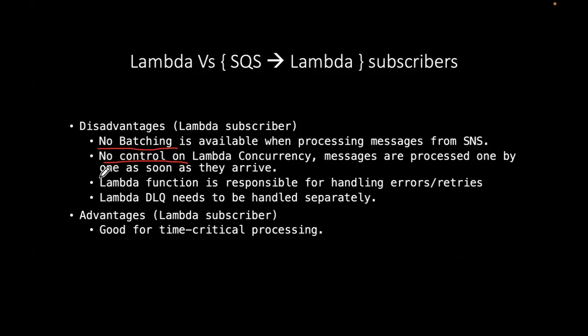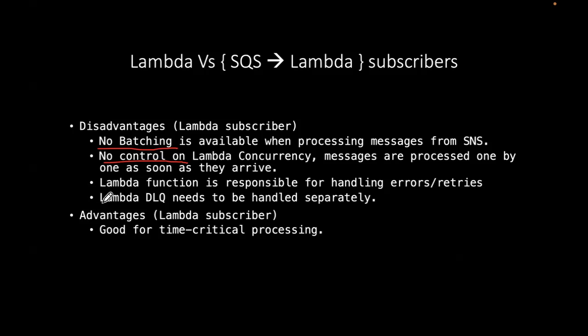Number 3, the Lambda function itself is actually responsible for handling errors. I'll show you how you can do that in a while. The Lambda DLQ needs to be handled separately.